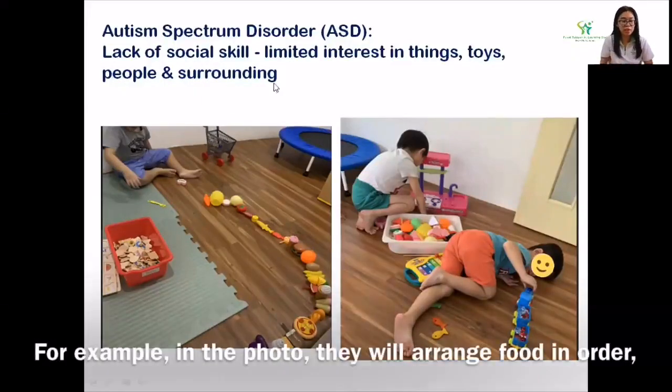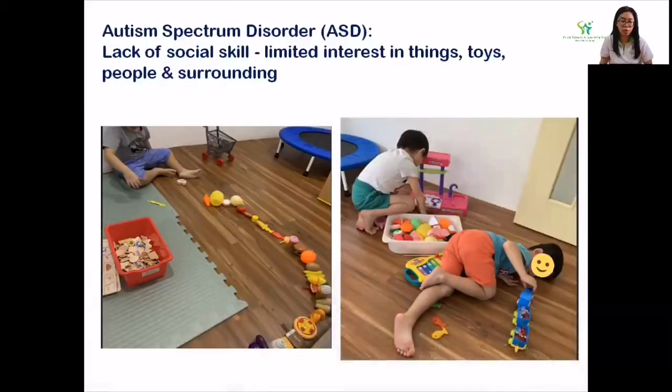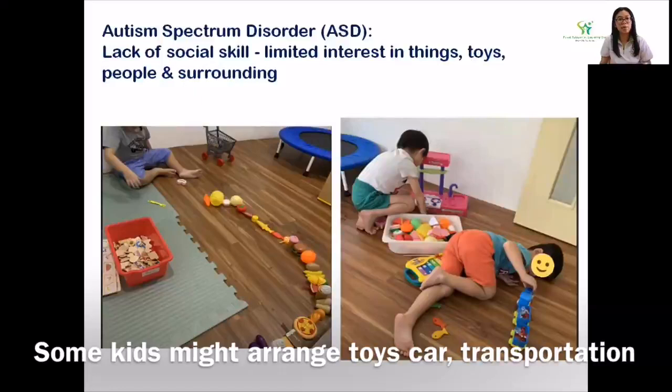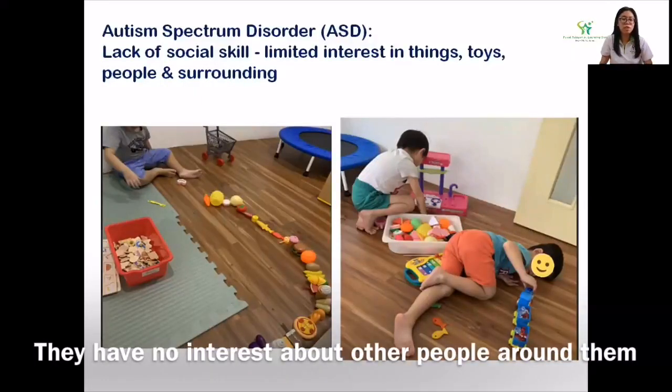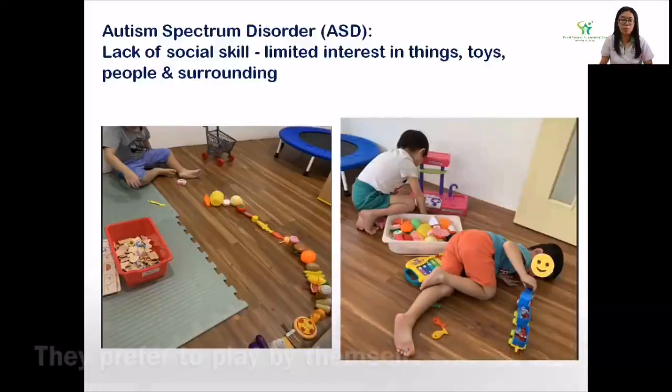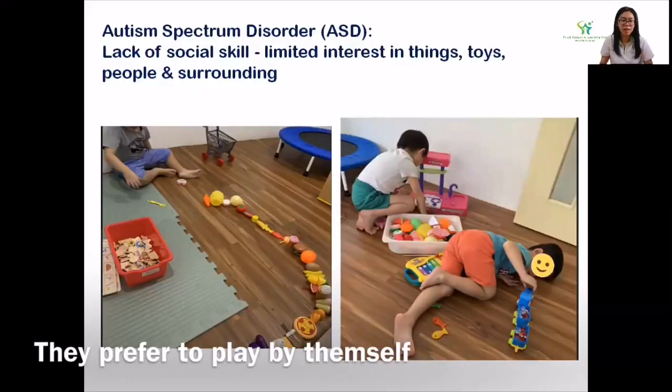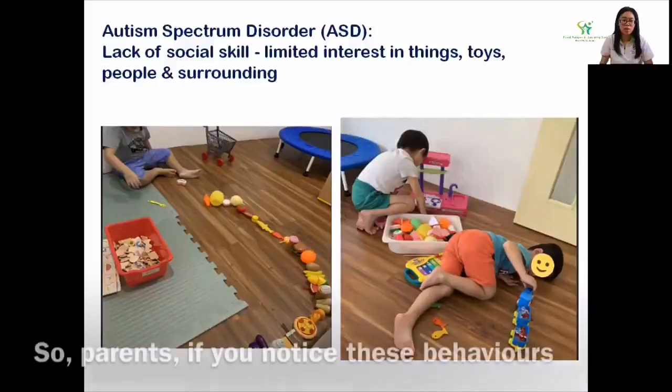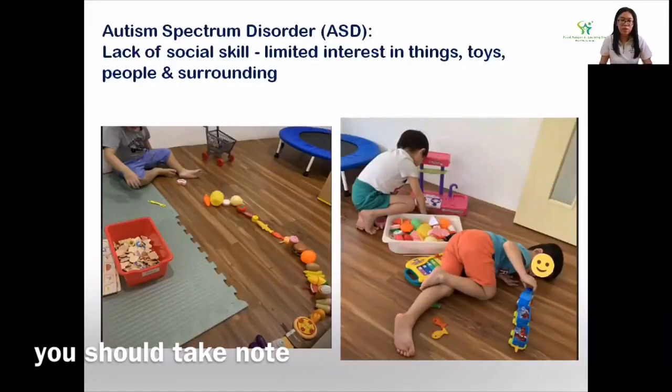For example, you can see in the photo here, they will arrange their food in order. Some kids might arrange toys, cars, transportation. They have no interest in other people around them. They prefer to play by themselves. So parents, if you notice this behavior, you should take note.